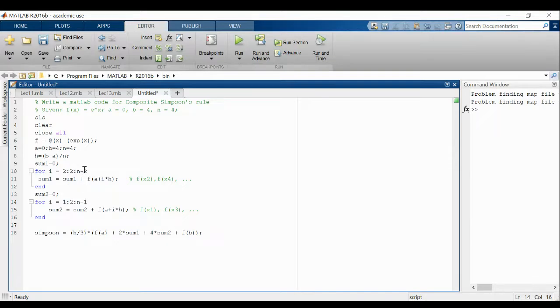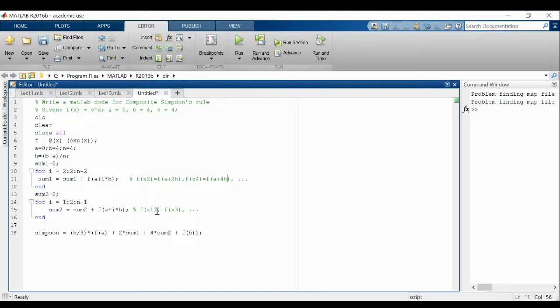Similarly, what about this f of x2? What is f of x2? F of x naught plus 2h. You remember f of x2? If I write this for you as well, it is f of x naught, which is nothing but a plus 2h. Similarly, this is equal to f of x naught plus 4h.